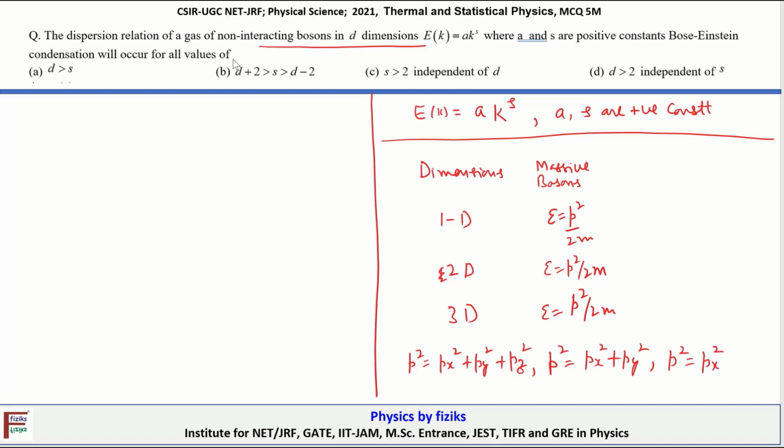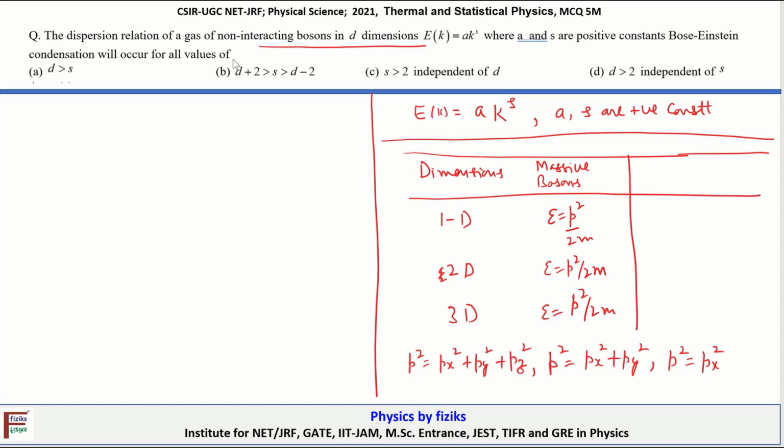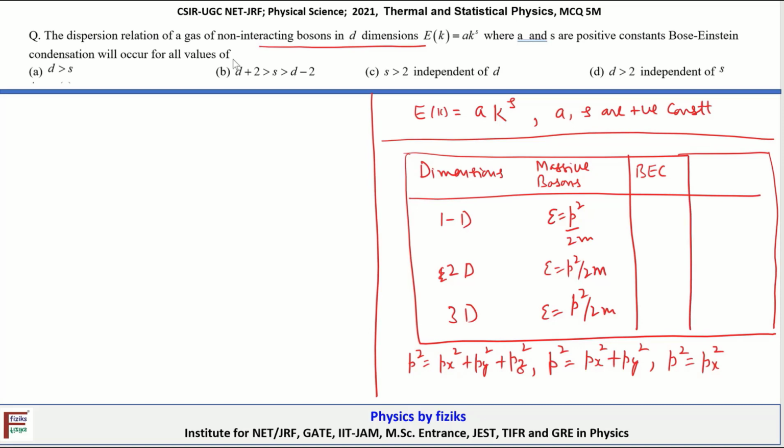Okay, now although we can prove this point mathematically also, here we need not go through that entire mathematics. That's a complex process basically. So here I'm summarizing whether the Bose-Einstein condensation occurs for the massive boson or not.